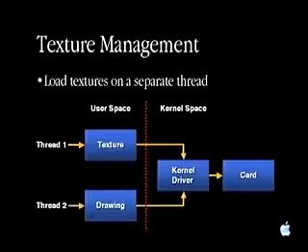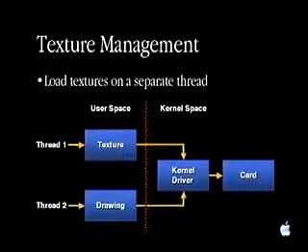So this is a basic diagram of what happens when you set up a two-threaded application, one loading the OpenGL textures and one doing the drawing. The first thread is loading the textures, and those textures will get processed and put into the driver, into the kernel driver. So the kernel will have them at this point, and they will be sitting in the kernel waiting to be uploaded to the card.